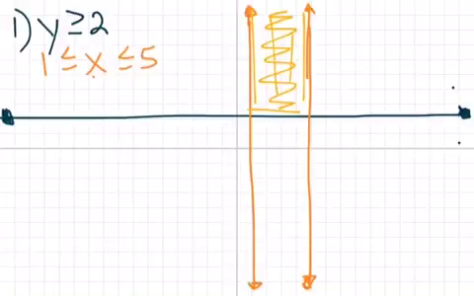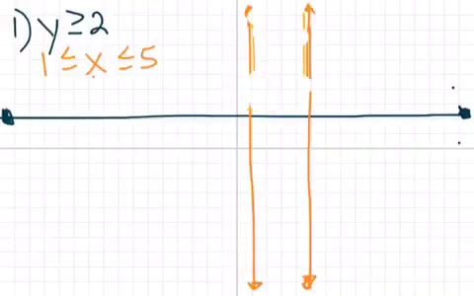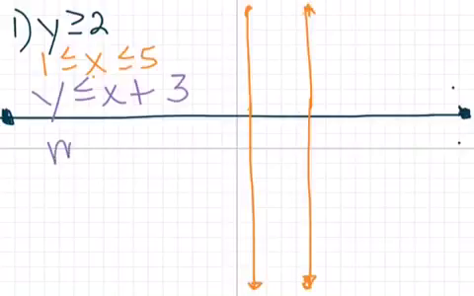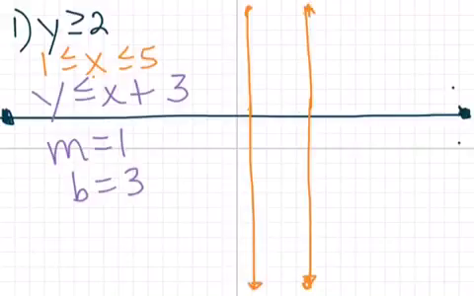I'm going to erase that now that I've called your attention to it, because I want us to be able to look at the entire thing first. The next equation has y less than or equal to x plus 3. The slope is 1. The y-intercept is 3. So you'll go up the y-axis to 3. 1, 2, 3.